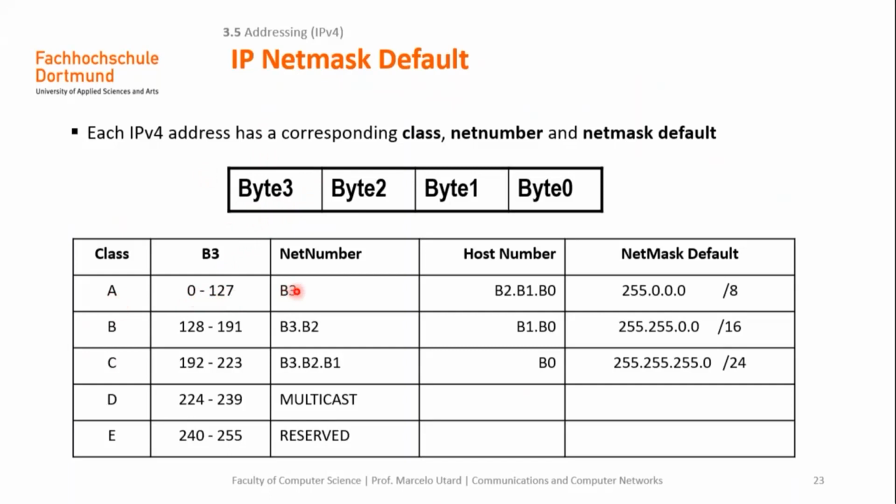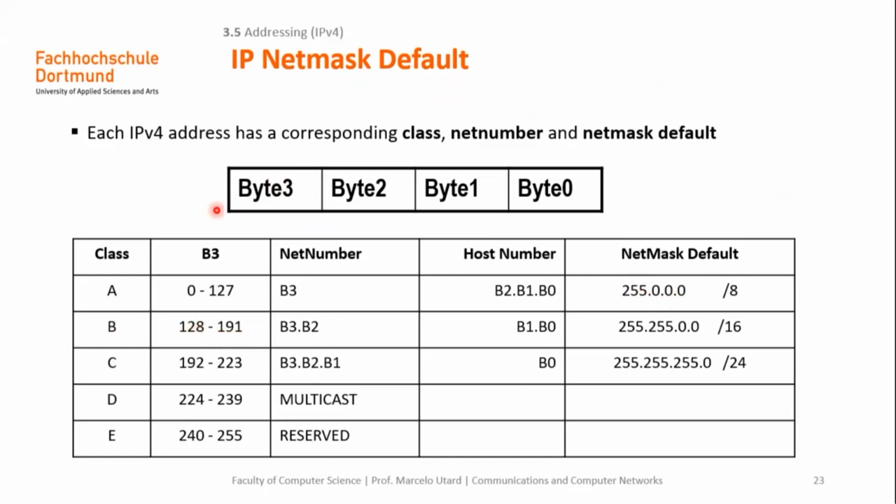The net number is represented by the most significant byte, and we will see that in that case we use a default Netmask of 8 bits, but we will talk about the Netmask later. In the case of class B addresses, the most significant octet of the address is in the range of 128 to 191.